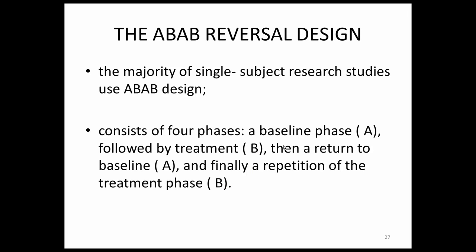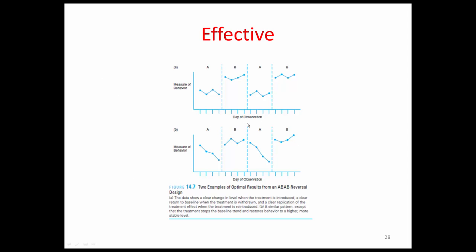One way is to use the ABAB reversal design. What does it mean? It means that to avoid that problem, you start with your baseline and then you have your treatment. As you see, the score goes up, and then again you remove the treatment for a couple of days and you see the score goes down, and then you start your treatment again.